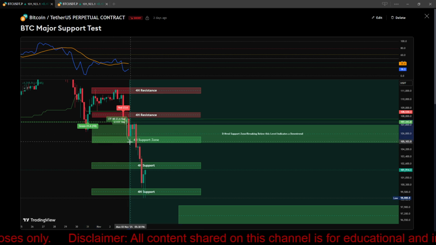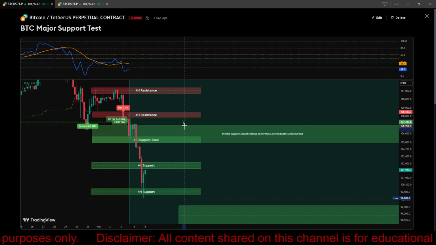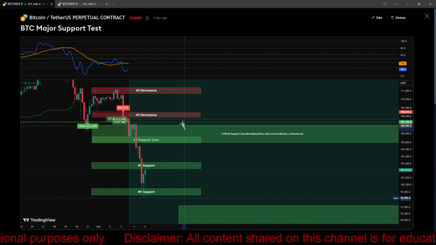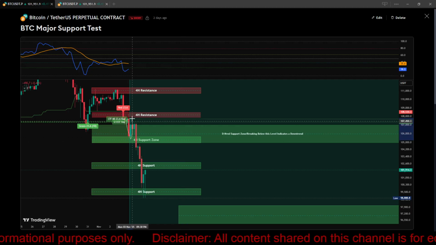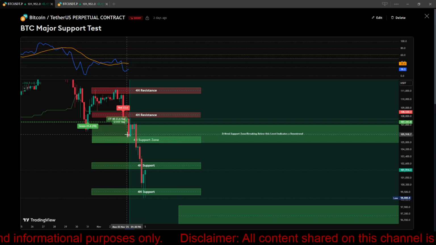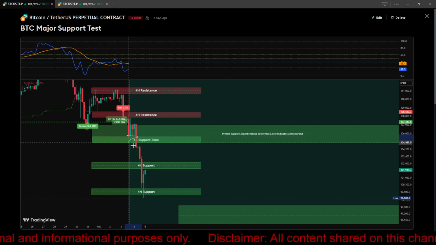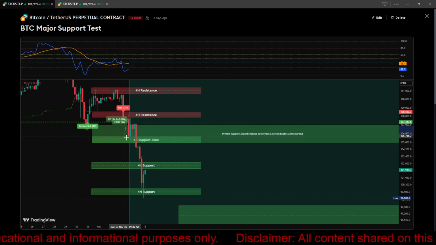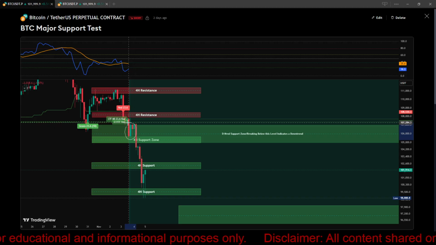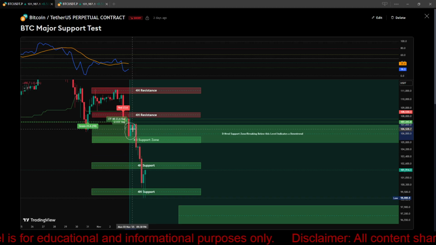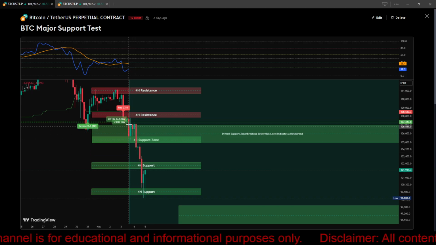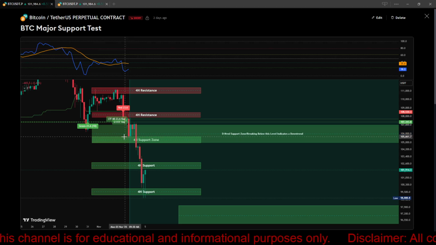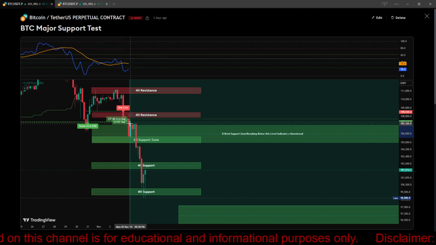Even when prices broke through the first upper higher time frame level, after breaking through, prices got a support at the lower time frame 4-hour zone. This happens for a few, 1, 2, 3, 4 candles. Down, support, up, resistance.